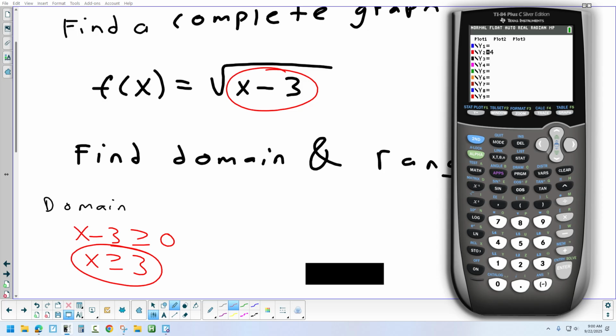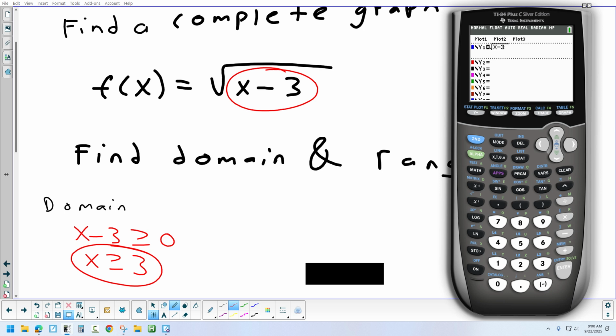If you have anything else in there after you press y equals, we'll clear that out. And the square root button is second, and then the 5th button down on the left-hand side. It's been a few days since we've used that, so everybody will be able to get that.